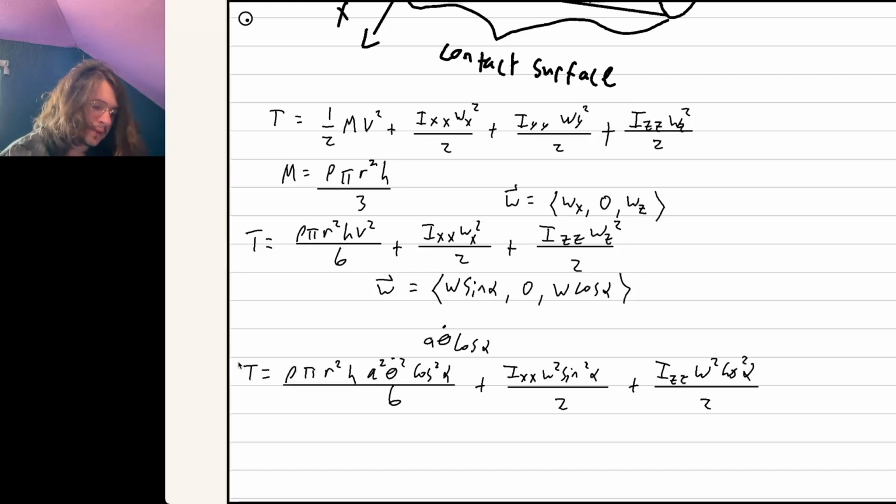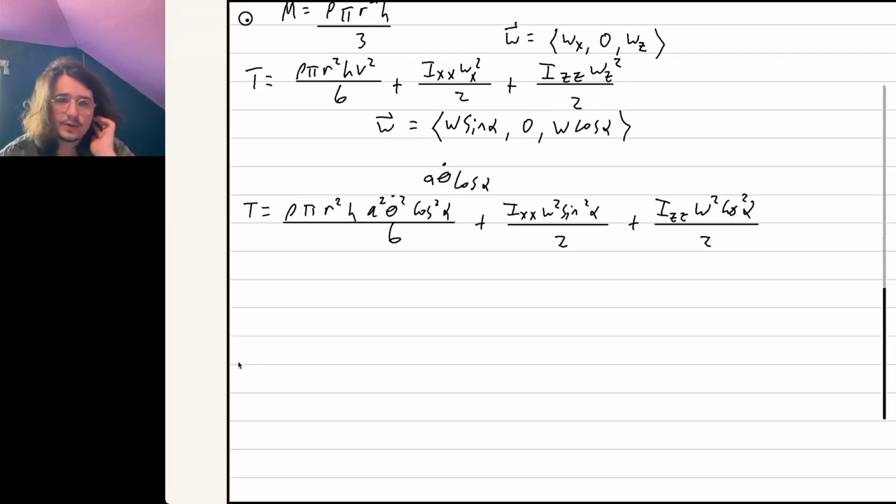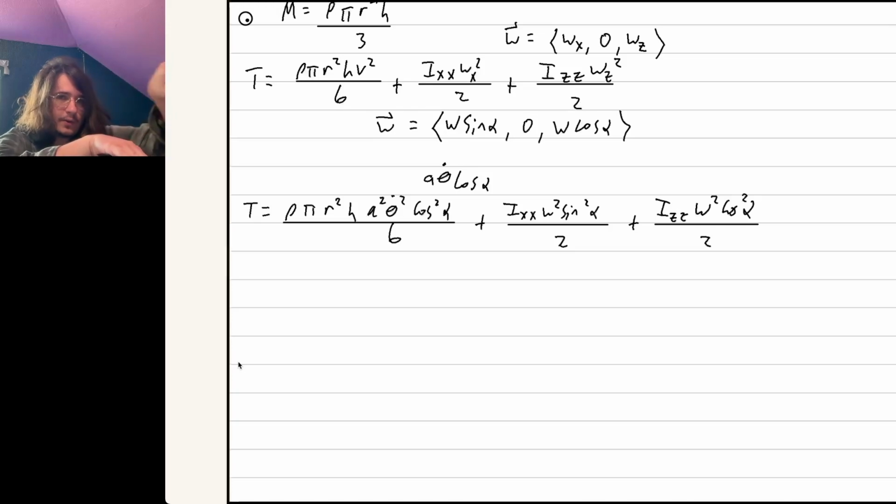So now look at this. If you change your point of view in the problem, so change your inertial reference frame, and you're looking straight down the contact surface now. You're looking this way, and so the cone is like making a circle from there.